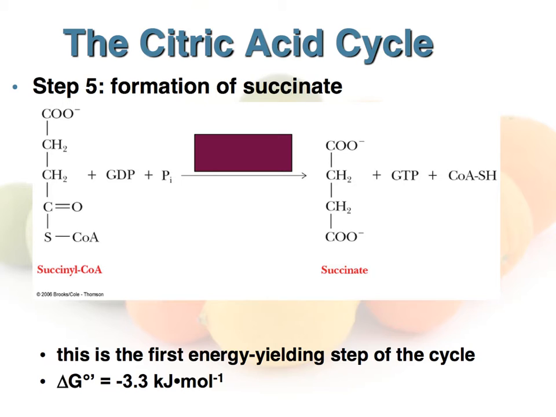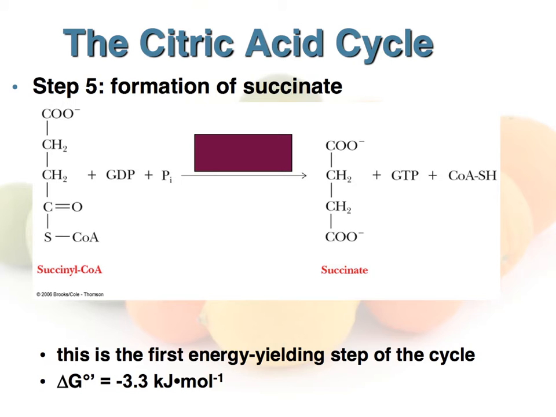This, by the way, is named for the reverse, which doesn't happen in people. I'm just going to let you know that. But there is another class of enzymes that you haven't mentioned that this could be if we're going backwards. Synthetase. And what would we be synthesizing? Succinyl-CoA.